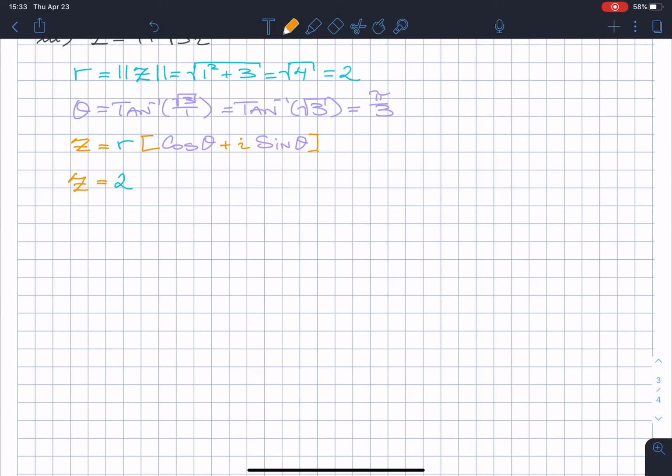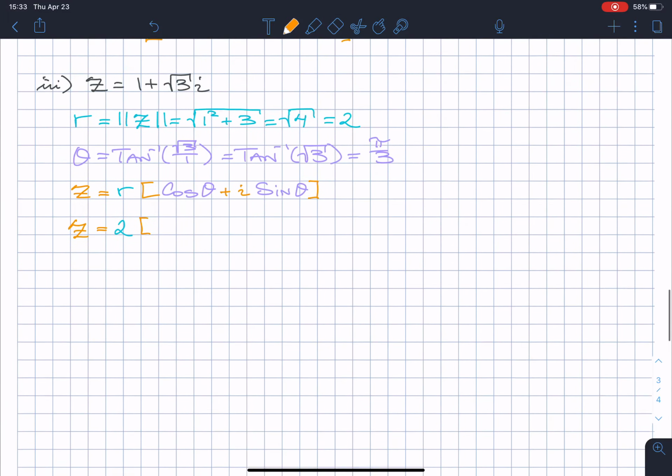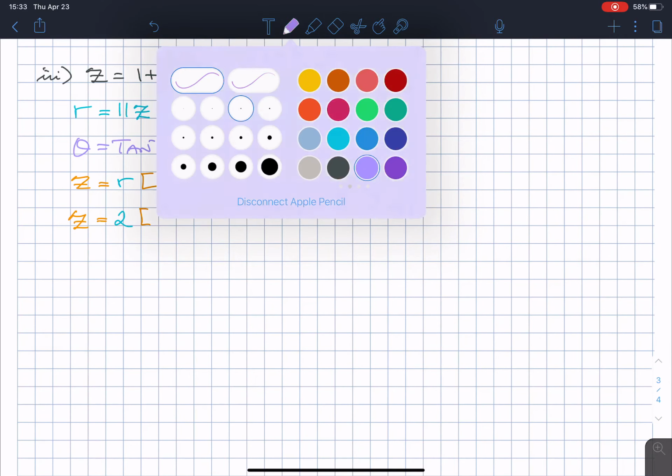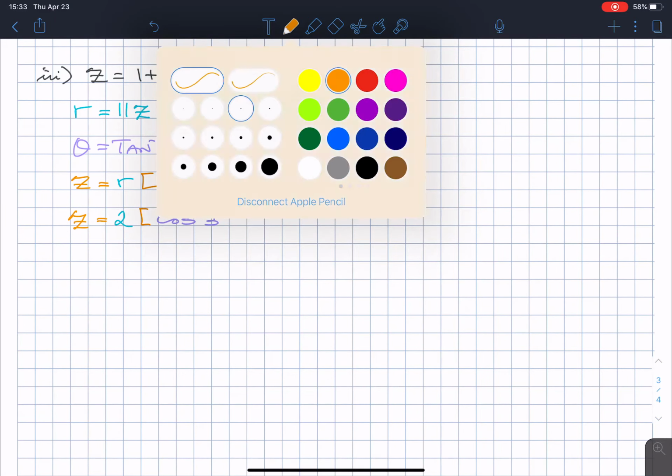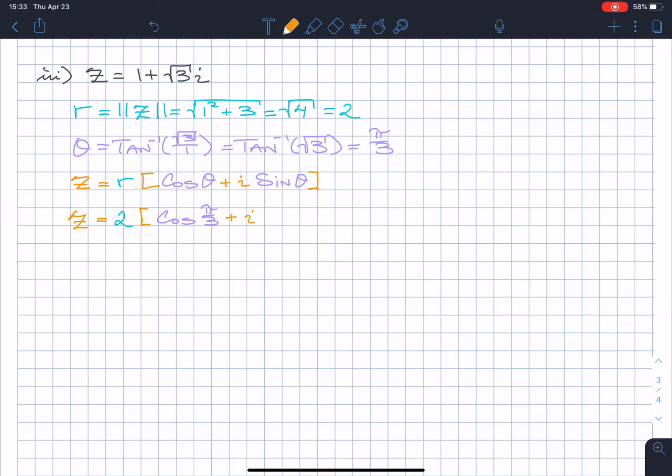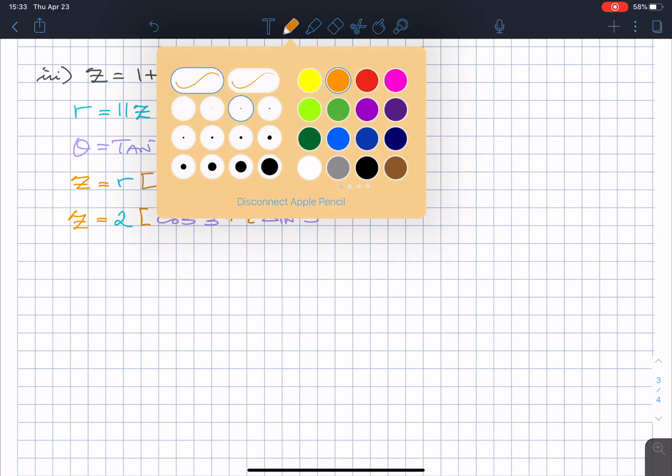And if you get it confused and call it magnitude or length, that's fine. I know what you mean. So this will be cosine of pi over 3 plus I times sine of pi over 3. And there we are. That is the trigonometric form of this complex number.